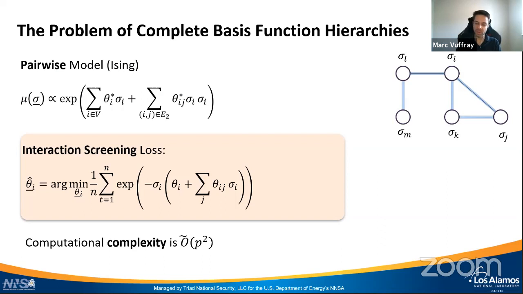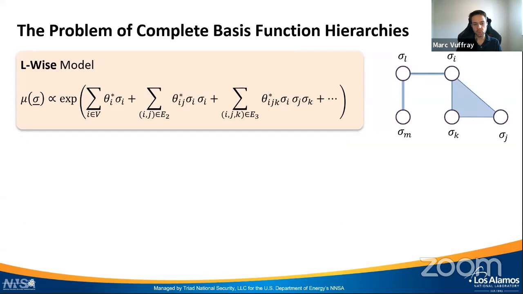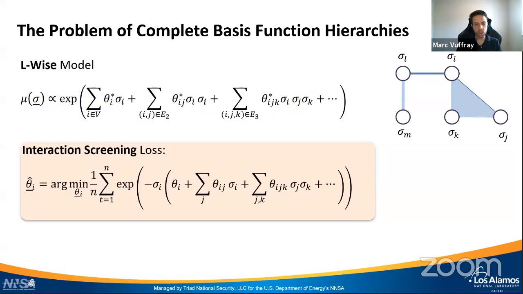Okay, great. But maybe this is not a good fit for the model you're studying. So you have to go to higher order, like 3-body, 4-body, and so on. So you have this L-wise model, where you have to introduce all the monomials that involve up to L bodies in your representation, and you write your favorite estimators with this parameterization.